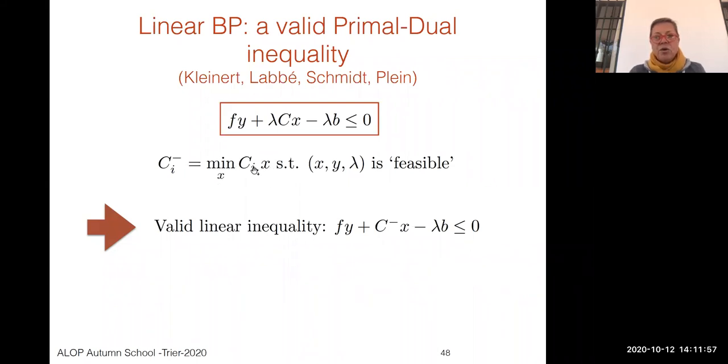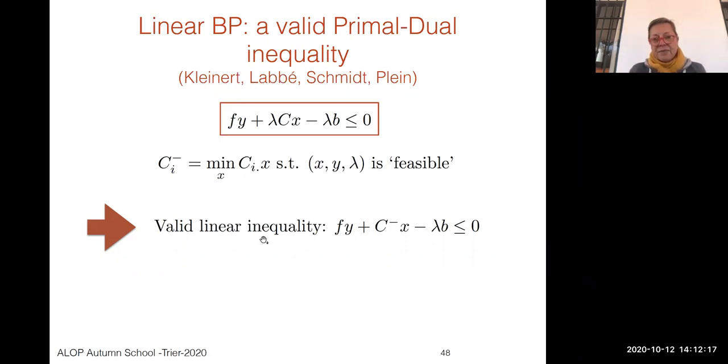You can find a lower bound on that. For instance, you minimize this expression under the constraints that x, y, and lambda are feasible, so satisfy all the constraints that are in the model. So you look for the minimum, a lower bound on this expression.